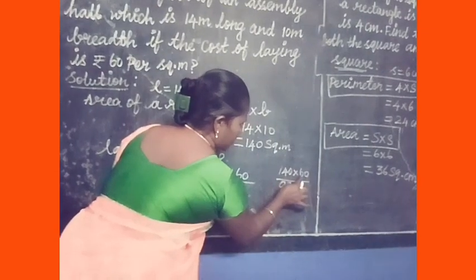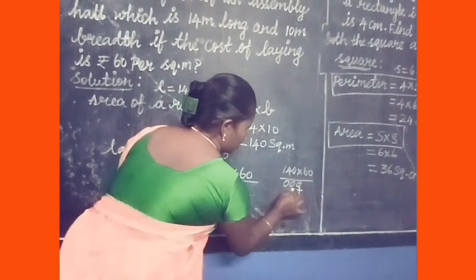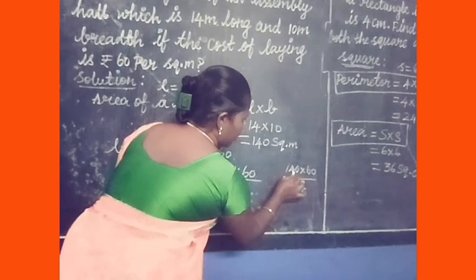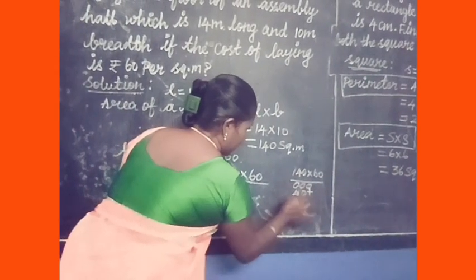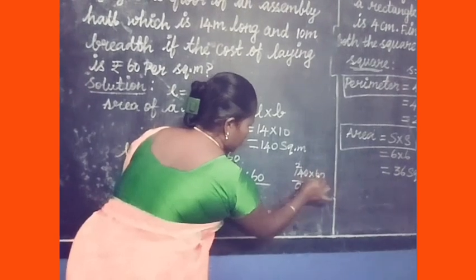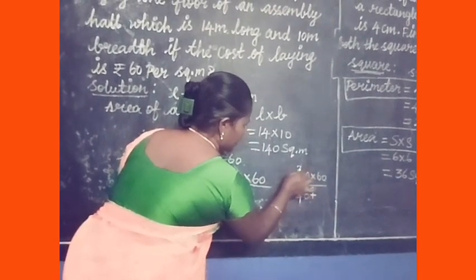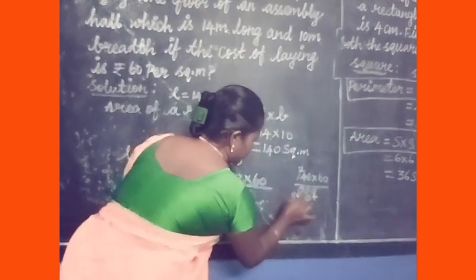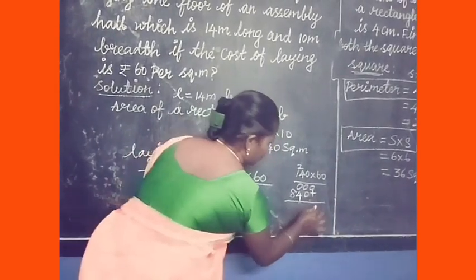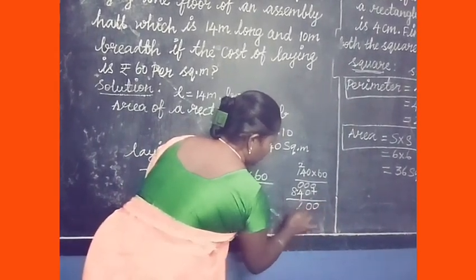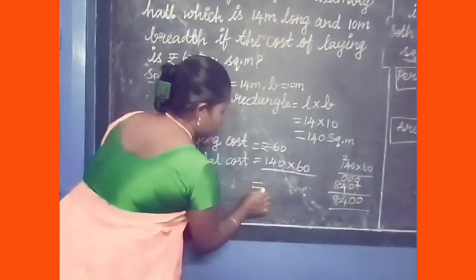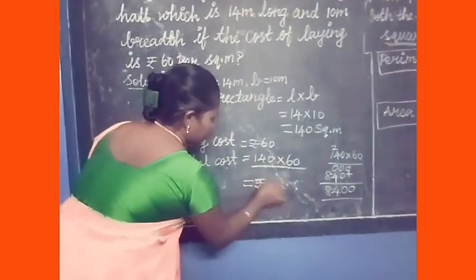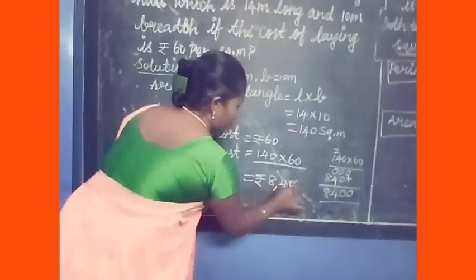Next multiply the value 6 into 0, 0. 6 fours are 24. Carry 2. 6 ones are 6. 6 plus 2, 8. Now add the value 0, 0, 4, 8. So the value is rupees 8,400.